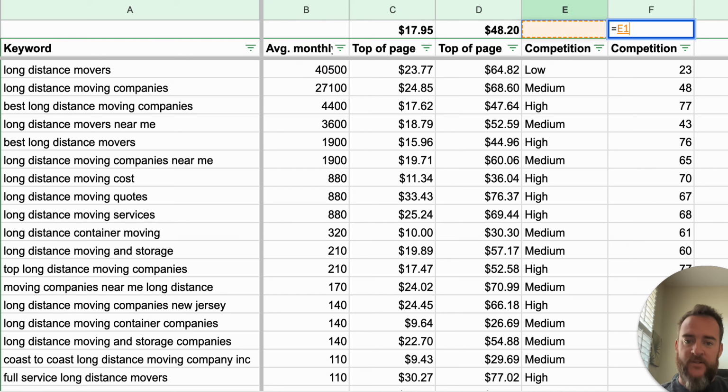At 40,000 searches times, let's say 1% click-through rate, meaning that out of 100 times there's a search, only one person is going to click that. So what you have here is 405 clicks effectively, right?